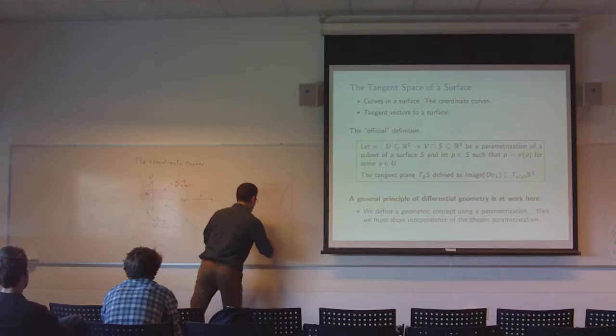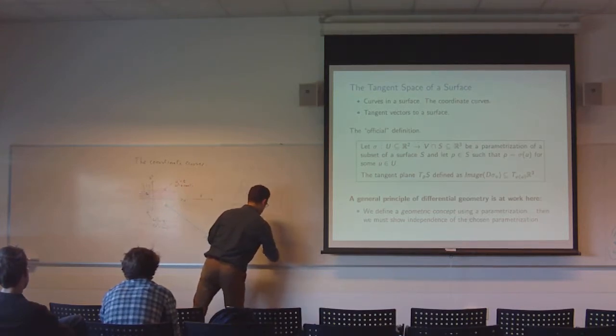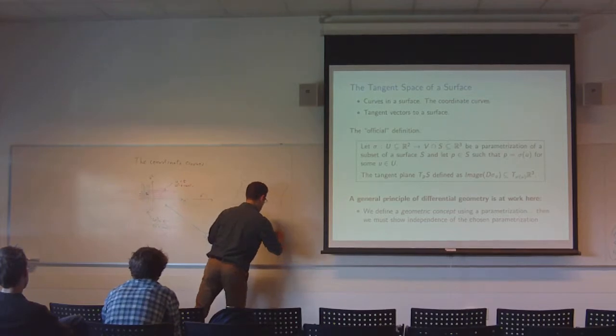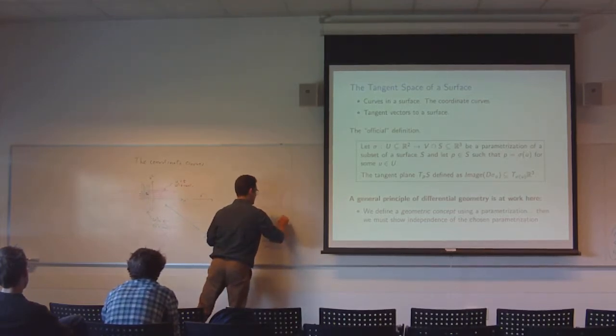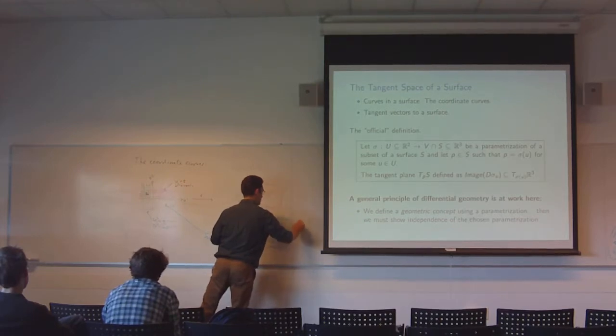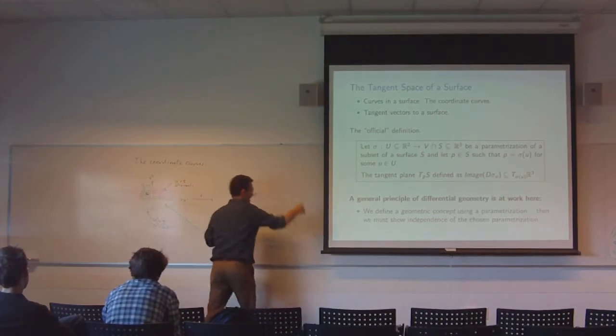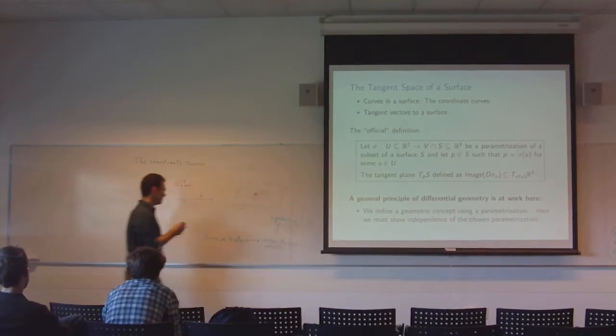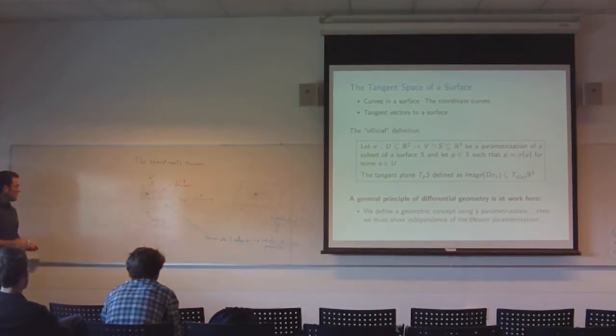Equivalent to vectors don't go parallel. Equivalent to injectivity of d phi, or d sigma. I should have made it phi. So, injectivity of d sigma. Okay, perfect. Those are the coordinate curves.